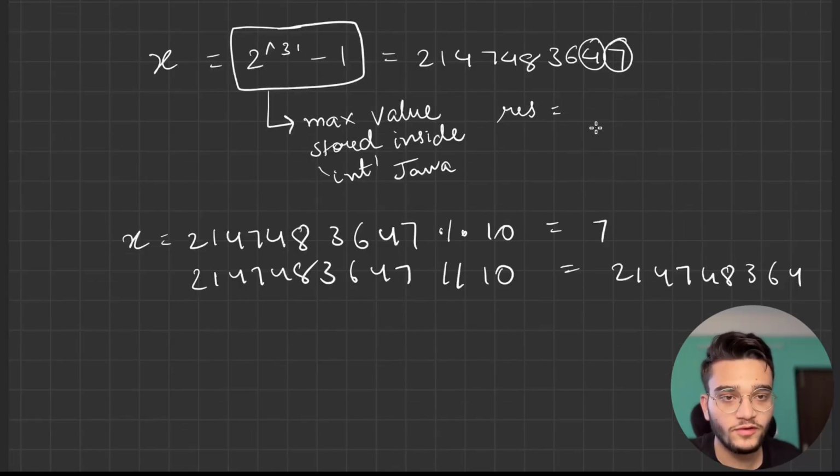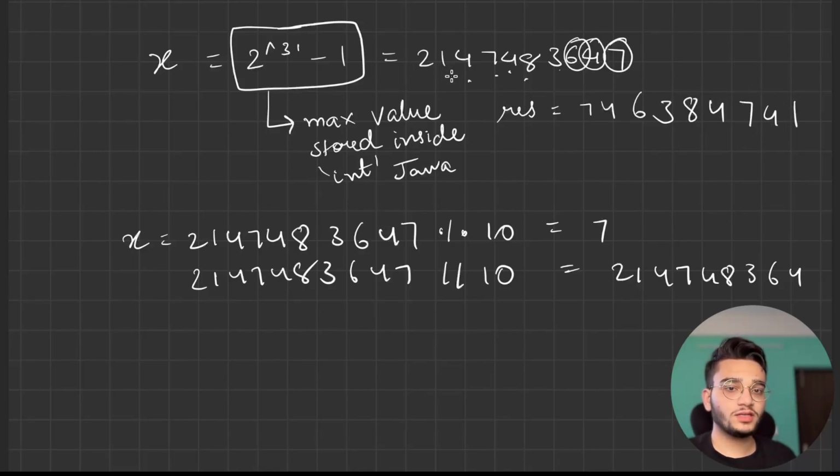So first you'll get 7, then you'll get 4, then you'll get 6, then 3, then 8, then 4, then 7, then 4 again, then 1, and after this you should get 2 here.